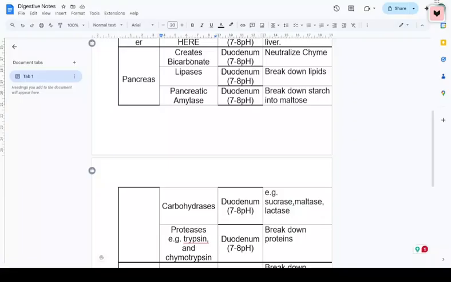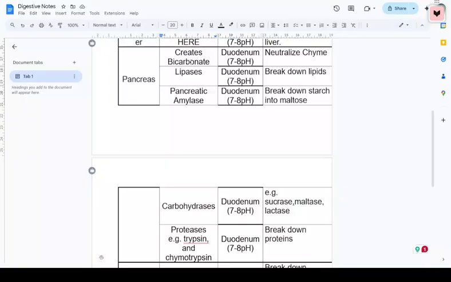And then it has pancreatic amylase, which essentially breaks down starch into maltose, because our mouth is usually not the most effective way to break down starch. So we have that process again in the pancreas.